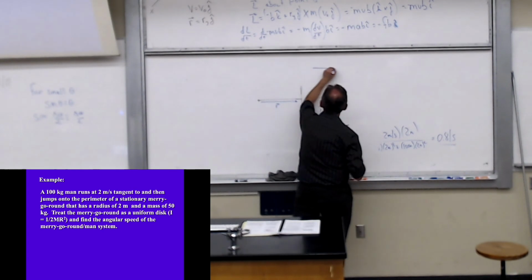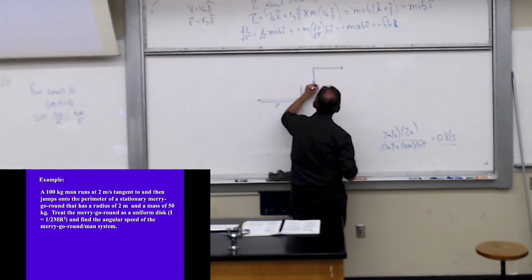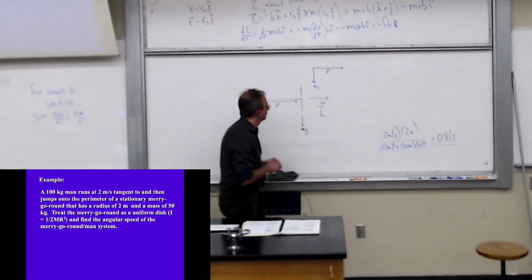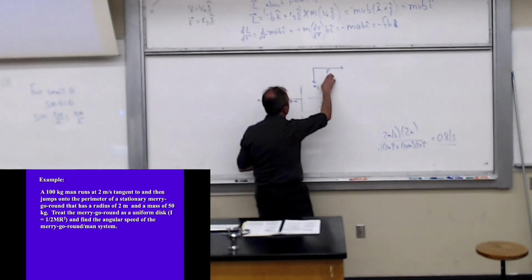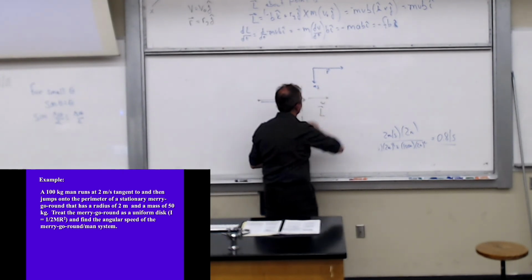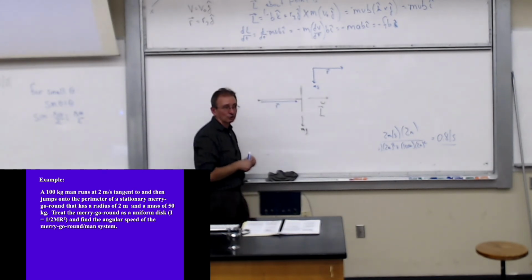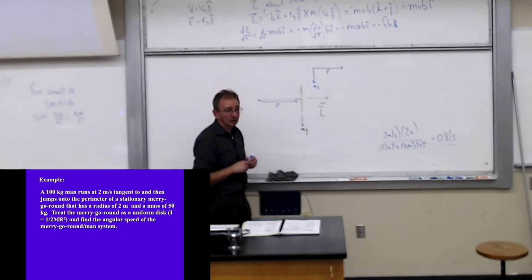You have R vector here and mg vector here. Oops, I had that backwards. Yeah, that's right. I have the R vector pointed that way and mg pointed down. Cross product is in which direction? Cross product is into the board, right? Oh, yeah.